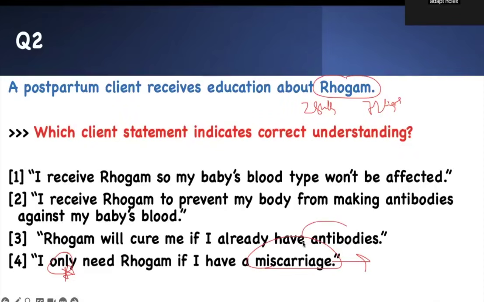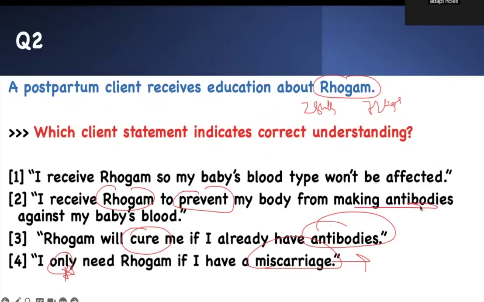It does not cure any antibodies that are already there. It cannot deal with those. We want to prevent you from making antibodies. You're receiving the Rhogam as a prevention of sensitization, of your body making more antibodies.